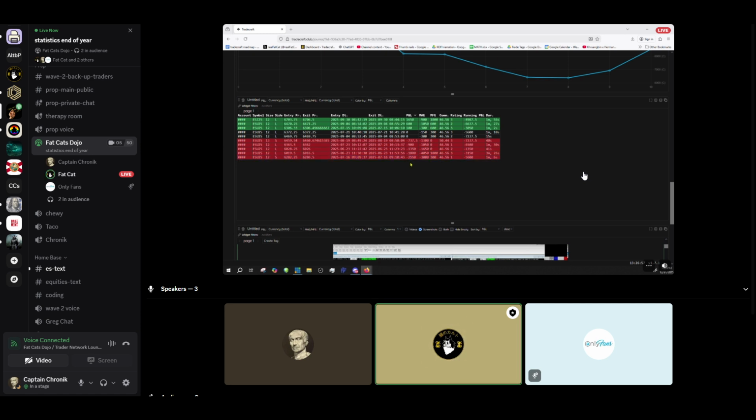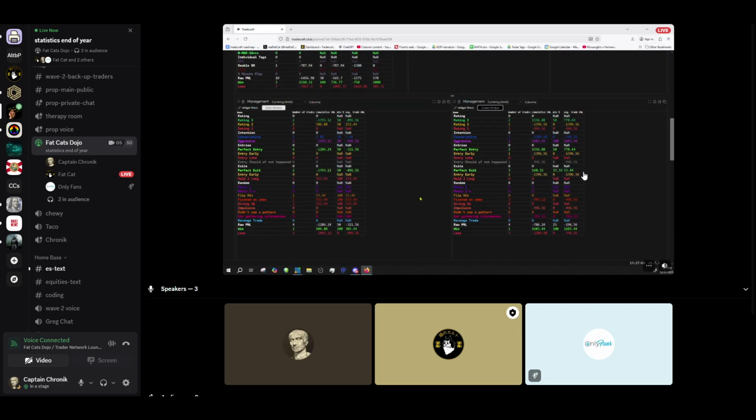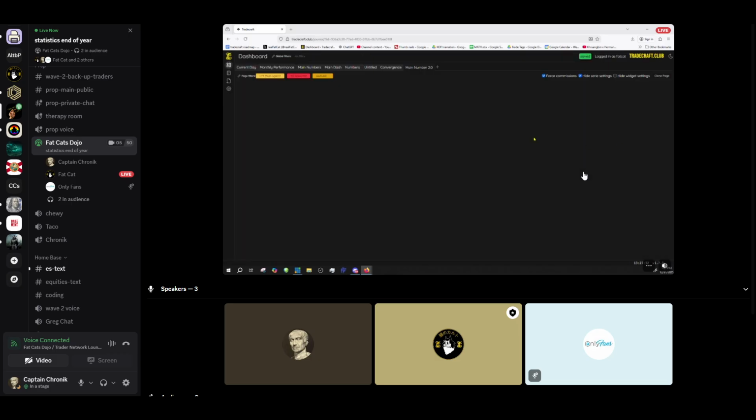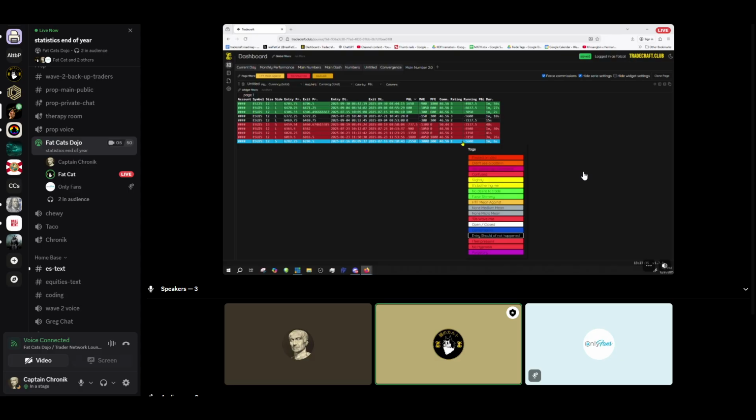Just bigger losses, but not. Wait a second. This used to show your tags. Used to be able to hover over this and it would show the tags. Did that get removed? Ah, there it is. You got to expand the window.